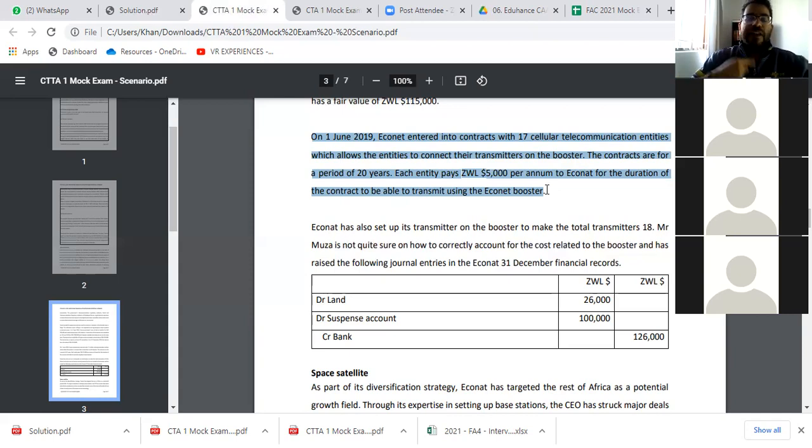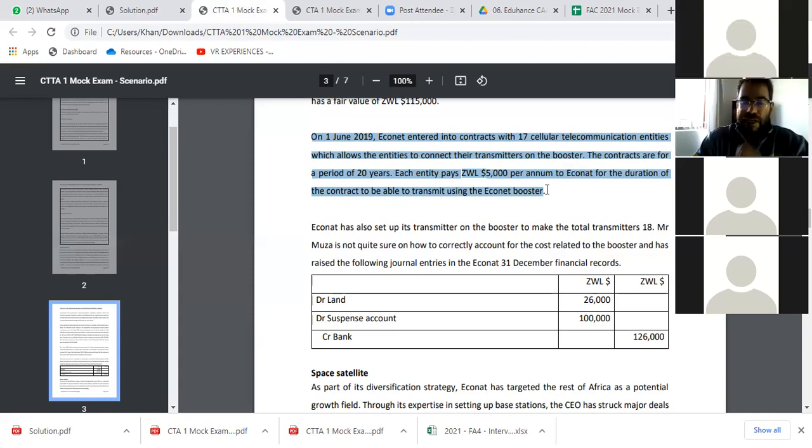So it is earning rental in effect. The booster is considered a fixed structure, and therefore this meets the definition of IAS 40 investment property. So the boosters are investment property.